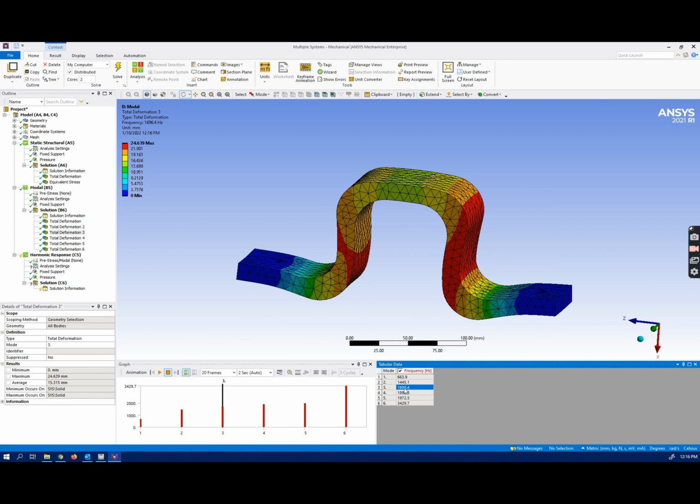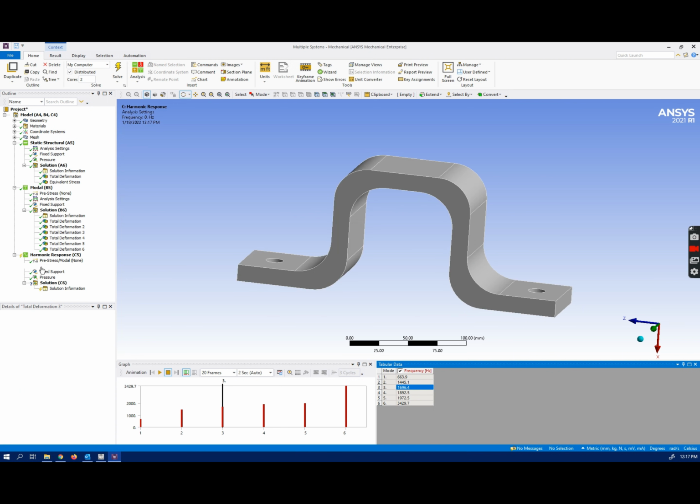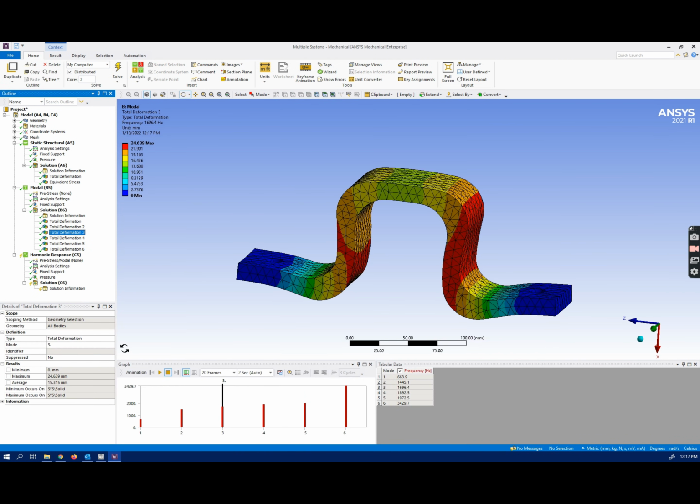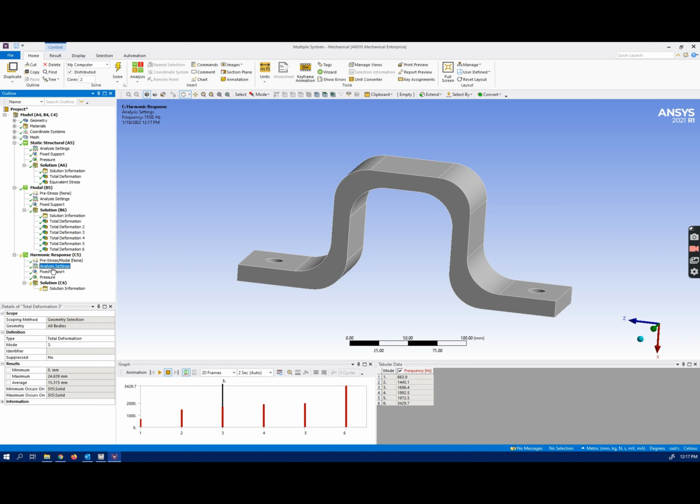So maybe 1500 to 1800. Okay, so let's go here. 1500, 1800 frequency, in hertz. 1500 to 1800. Okay, so it's in the range.